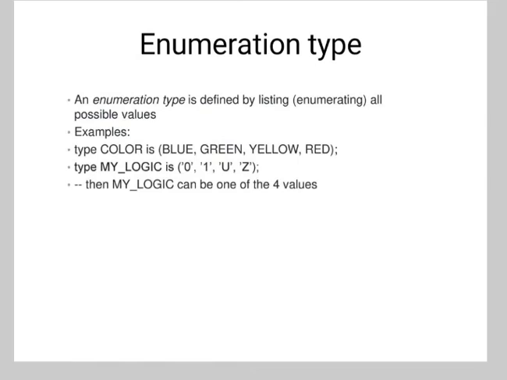So enumerated type means it is a type whose values are defined by listing them explicitly, and it is a very powerful tool for abstract modeling.